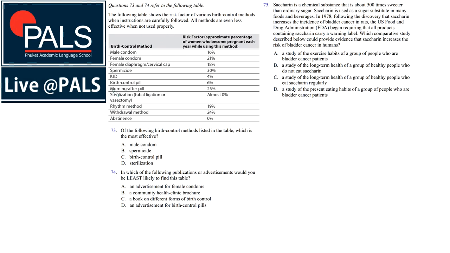So you have a list of birth control methods here, and their risk factor, which is the approximate percentage of women who become pregnant each year while using this method. And important is that this percentage is following the instructions carefully.